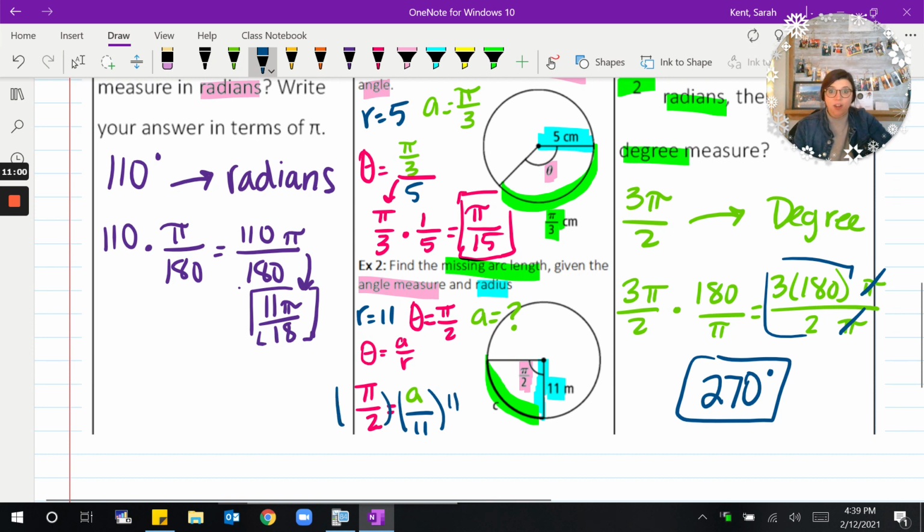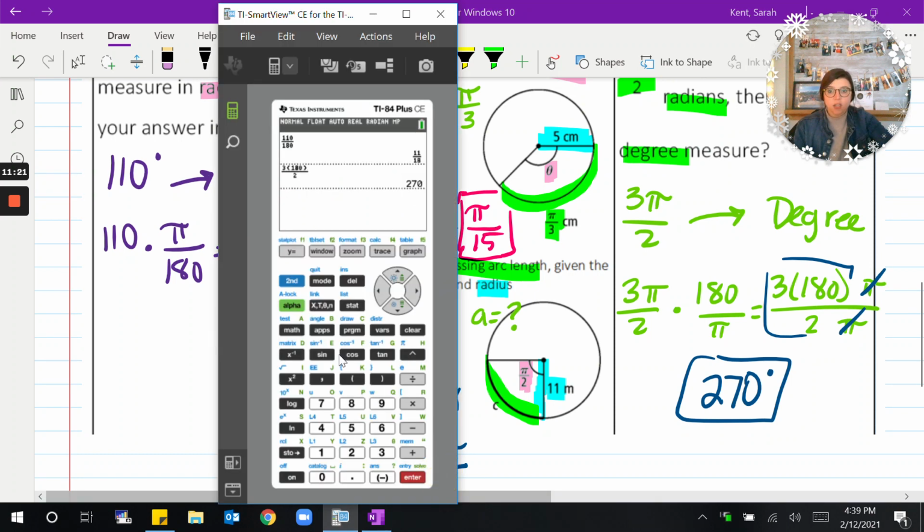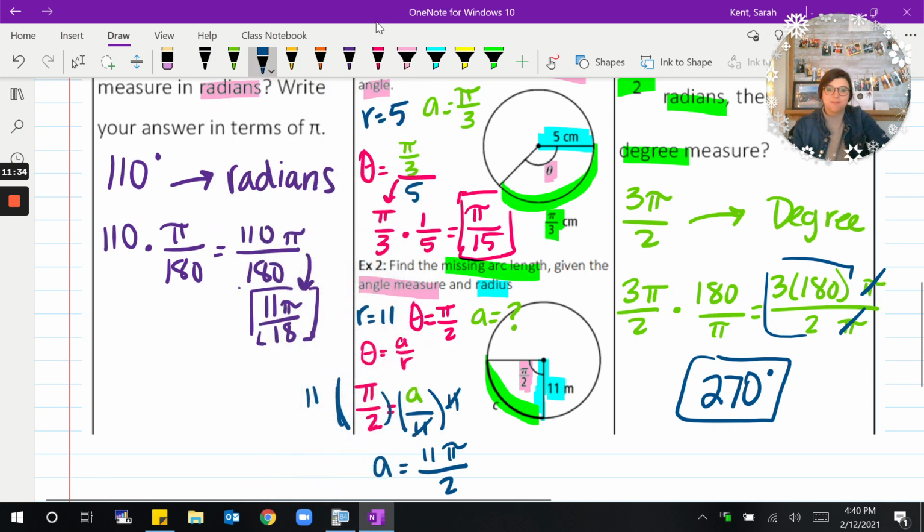Then I have an 11 on top and an 11 on bottom, so those 11s would go away. And then over here, I can multiply by 11. What I would end up with is A equals 11 pi over 2. If you want to check your fraction, we can always put that in the calculator, 11 over 2, and see that it's still 11 over 2. And this is our final answer.